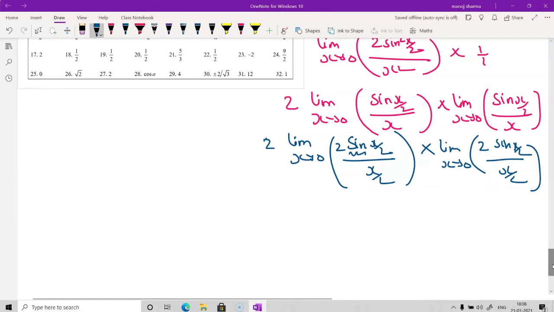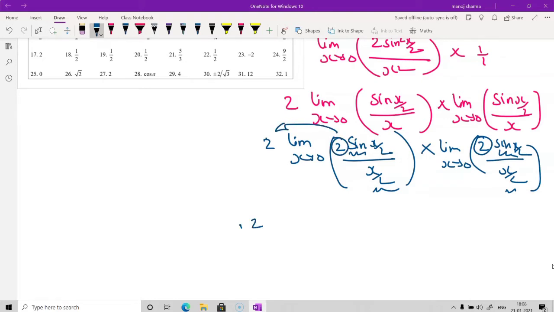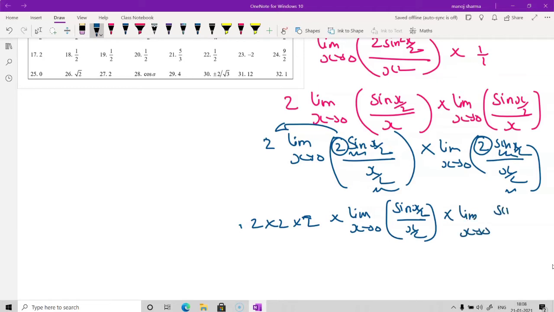Now this is sin x upon x, this is again sin x upon x. These two I'll take outside here. So it is 2 cross 2 cross 2 into limit x tends to 0, so sin x upon x is 1 when x tends to 0.